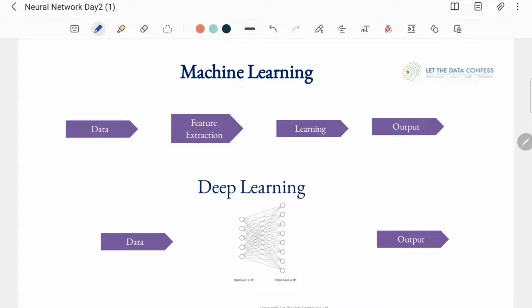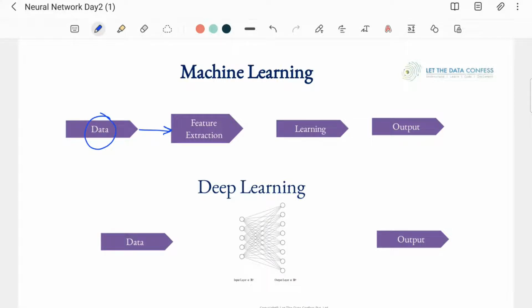You can see here, when I'm trying to solve something with machine learning, I always need the data. Then I try to do feature extraction, which means figuring out what parameters or things are important. Suppose I'm trying to predict the prices of houses in a particular location, I see what matters most in predicting prices, what can help me figure out the prices in the future.